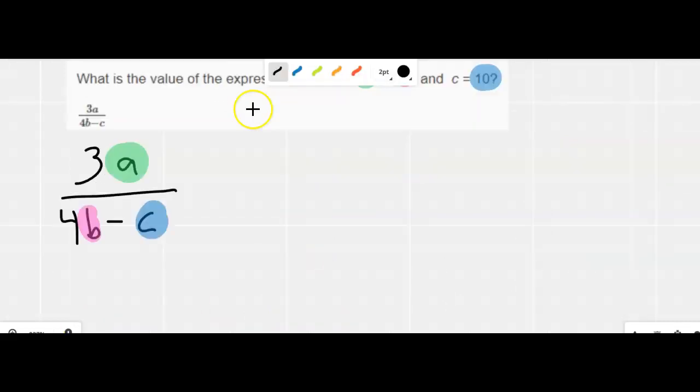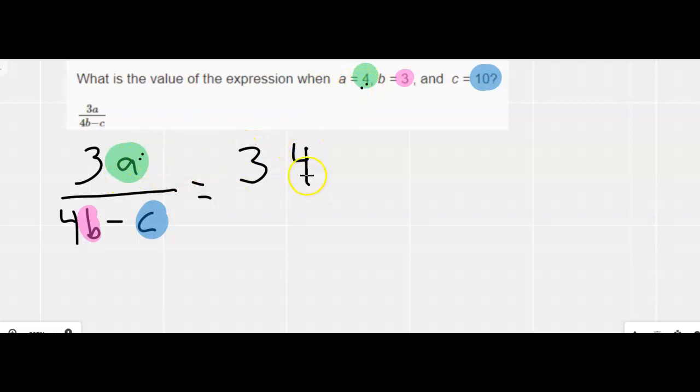Okay, this one's already color-coded for you here. So we rewrite this. I already rewrote it. It's 3, but instead of the A, we're going to put a 4 there. Remember, this is multiplying over 4. Let's come from here. B, instead of a B, we're going to substitute that with a 3. Remember, that's multiplying. Now we have to minus, subtract. That's subtraction.